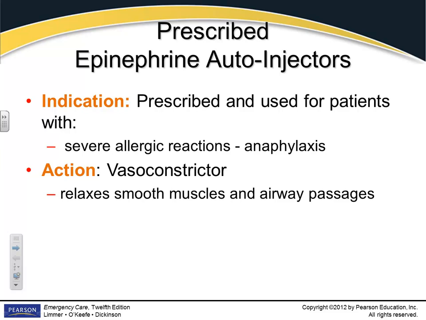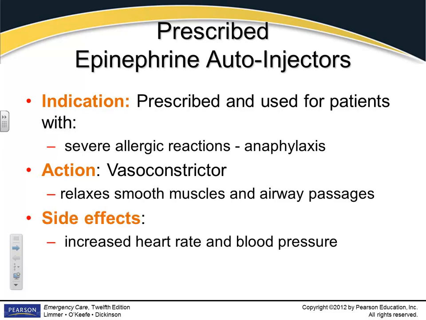So what epinephrine does is it reverses vasodilation and it reverses bronchial constriction. So it does both of those things. It vasoconstricts and it relaxes the smooth muscle tissue in the airway. So it's a wonderful little thing.